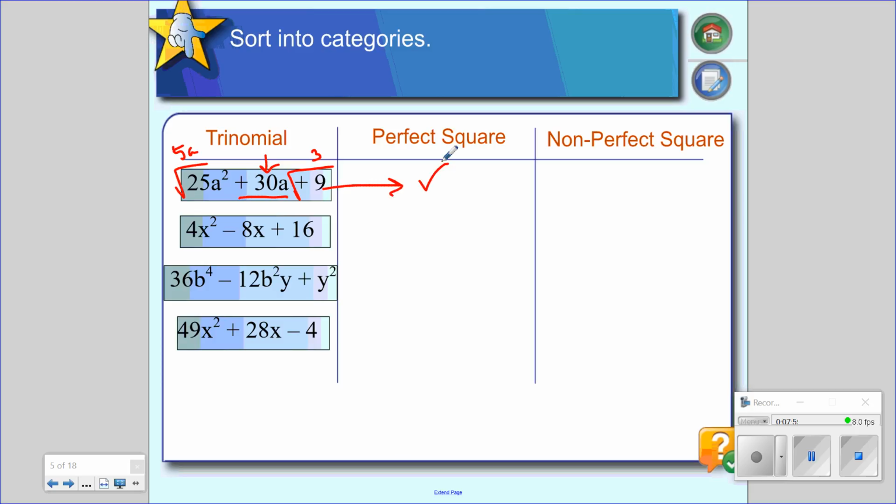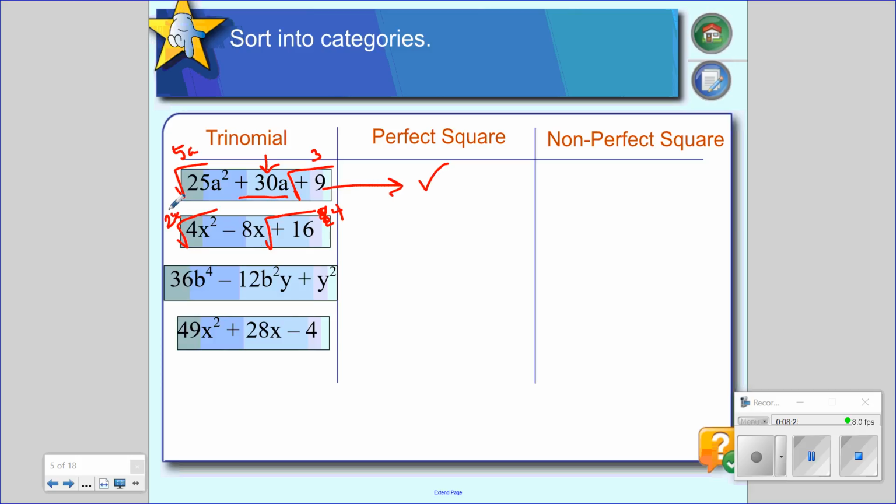Let's take a look at the next one. Here we have the square root of 4x squared, which can be taken, and the square root of positive 16, which can be taken. So this one would give us a 2x, and this would give us a 4. Now we want to confirm that the middle term would be double the product of the ends' square roots.